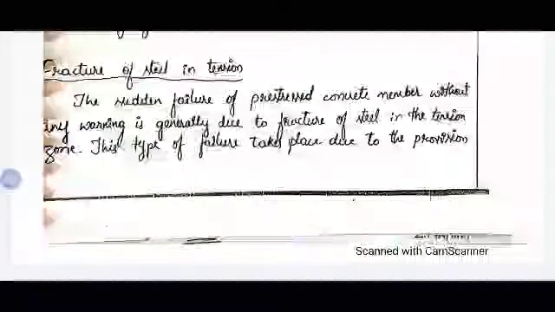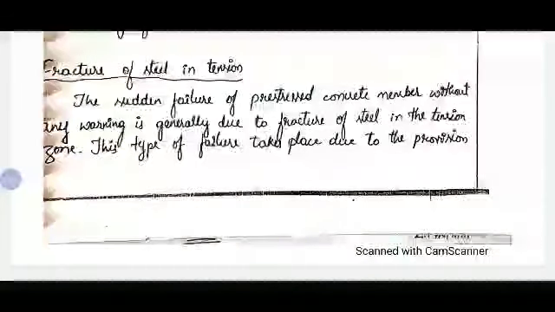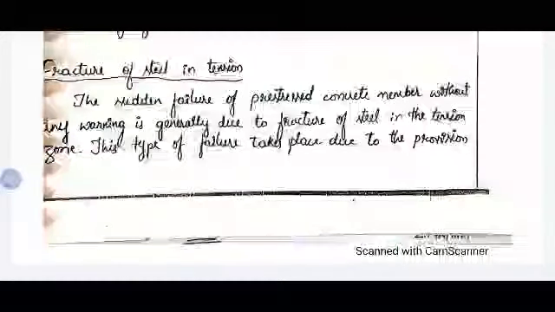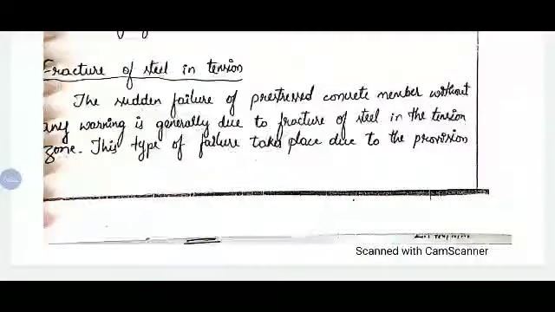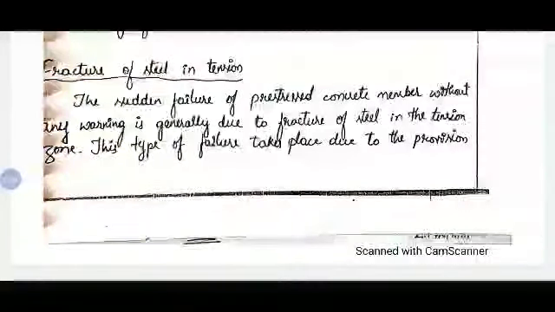So when you have provided steel less than the required amount, for example, if there is a requirement of around 1000 mm square of steel, but we have provided around 600 or 700 mm square, then it will not meet the tensile strength of the beam.